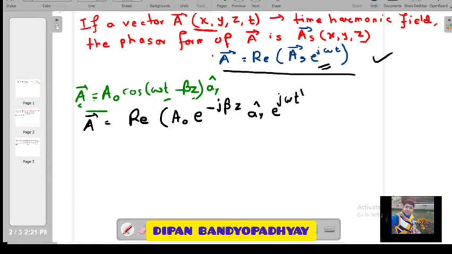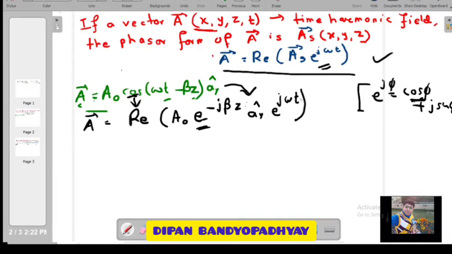This is the time factor. You know that e to the power j phi can be written as cos phi plus j sin phi, and the real part in this case is the cos term, so we write this as e to the power j term.